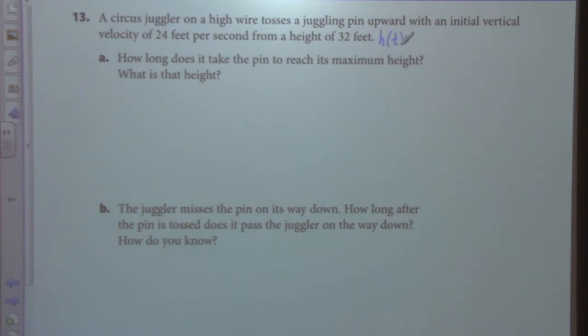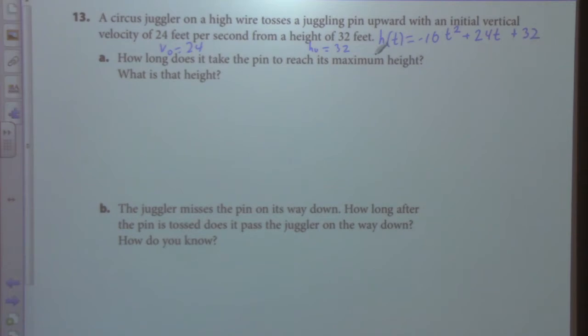It's going to be h of t equals negative 16t squared plus v sub 0 t. In this case v sub 0 is equal to 24 feet per second, so it's going to be 24t, and then h sub 0 is equal to 32, so we'll have plus 32.